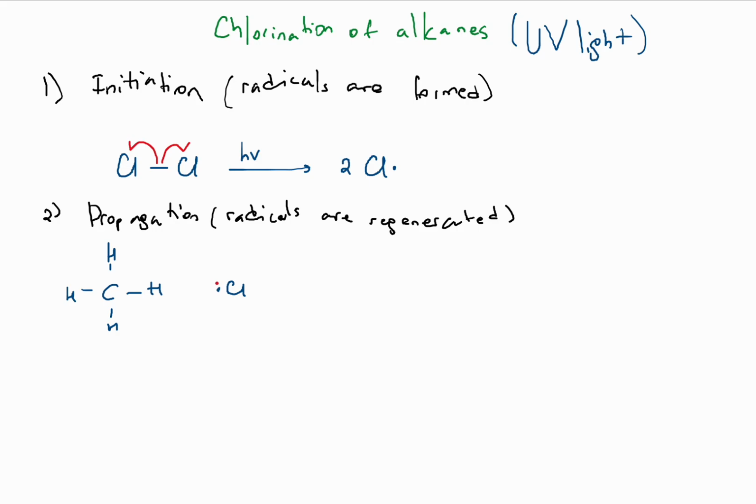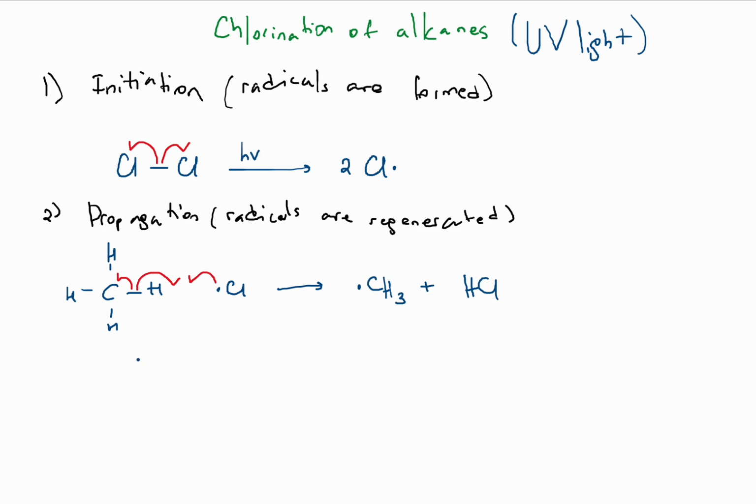This chlorine radical is very reactive, so the hydrogen will form a bond with chlorine. The C-H bond will break homolytically, so one electron comes to chlorine and one electron goes to carbon. As a result, you get a CH3 radical plus hydrogen chloride. So the chlorine radical forms the methyl radical.